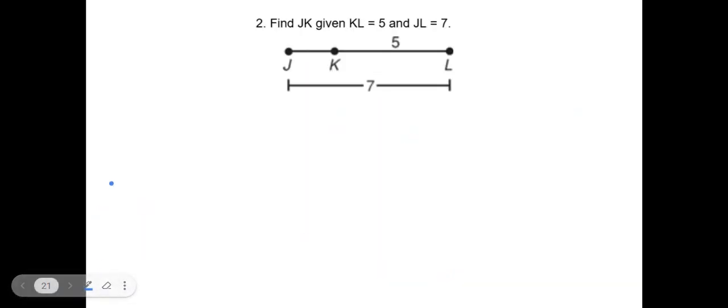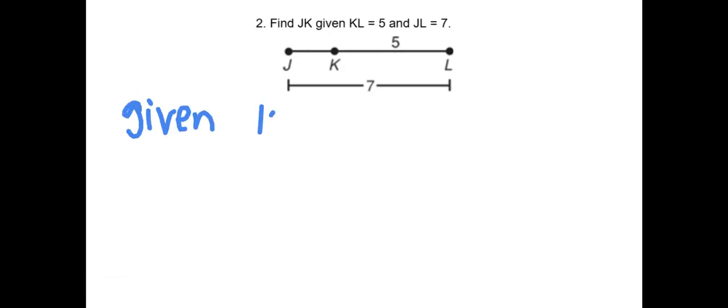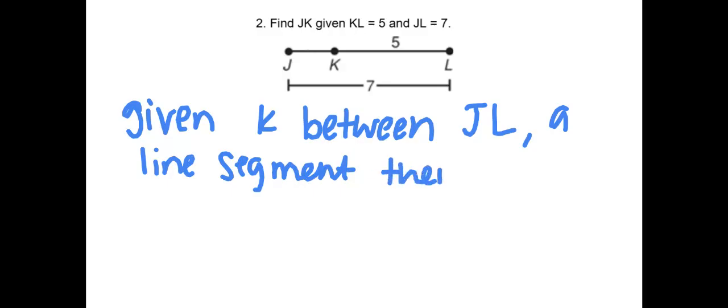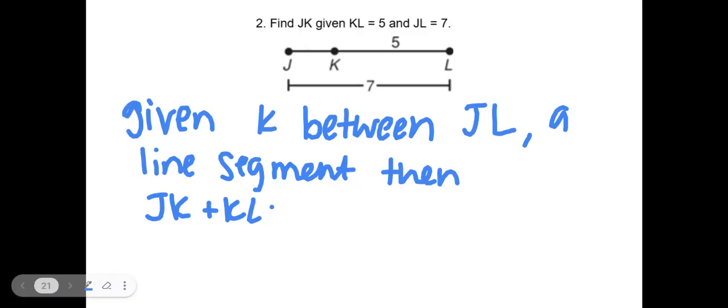All right, one more example. Find JK given that KL is 5 and JL is 7. So, given K between JL, a line segment, then JK plus KL equals JL.